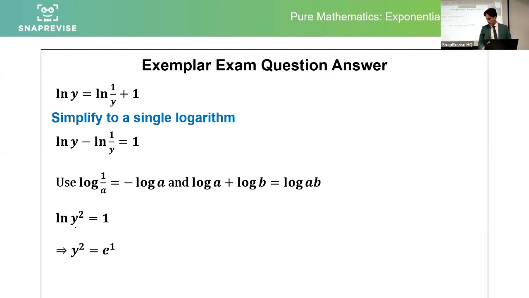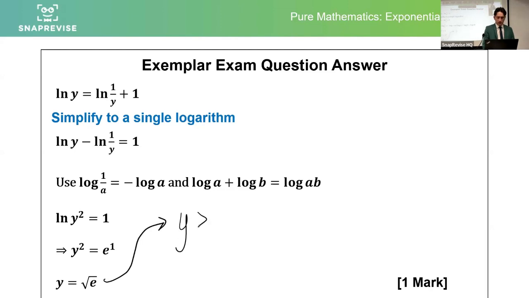And just bear in mind that when we square root both sides, y must be greater than 0. So we don't say plus or minus square root for this. y is greater than 0. Why is that? Well, because it came from a logarithm.